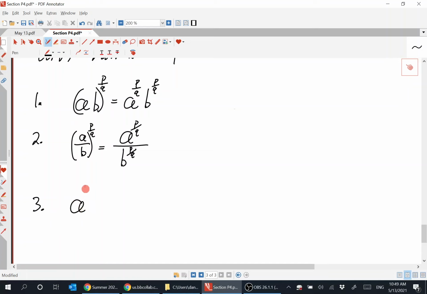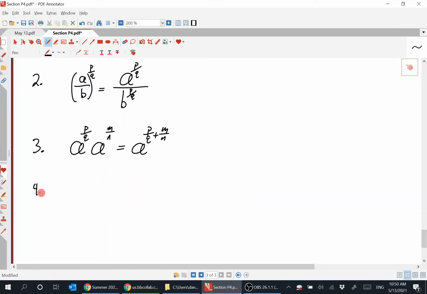Number 3, the bit about adding exponents when you have the same base. So a to the p over q times a to the m over n is still the same thing, a to the p over q plus m over n.